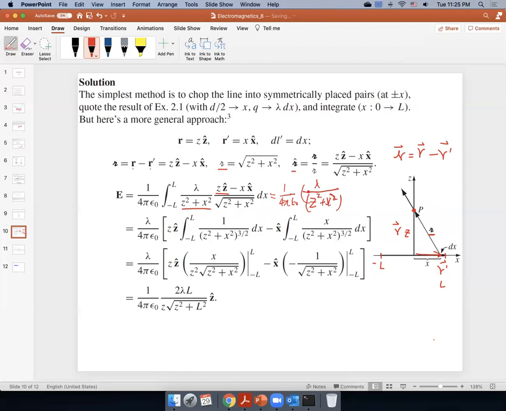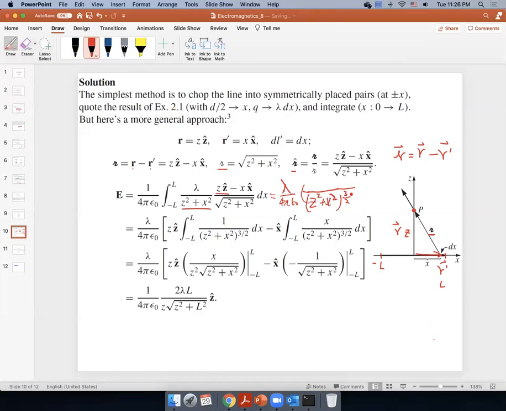So totally, if you combine them, it's z squared plus x squared to the power 3/2, because this is power 1 and the square root means power of 1/2, so totally it's the power of 3/2. And the constant lambda is written here, so you can move it out actually. Let's move the lambda out.